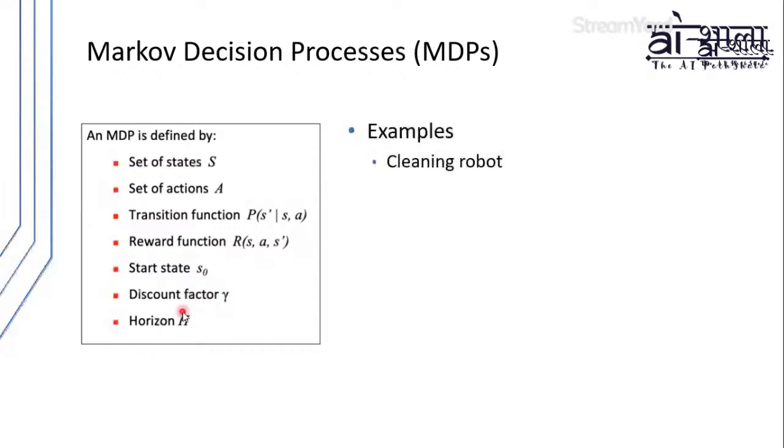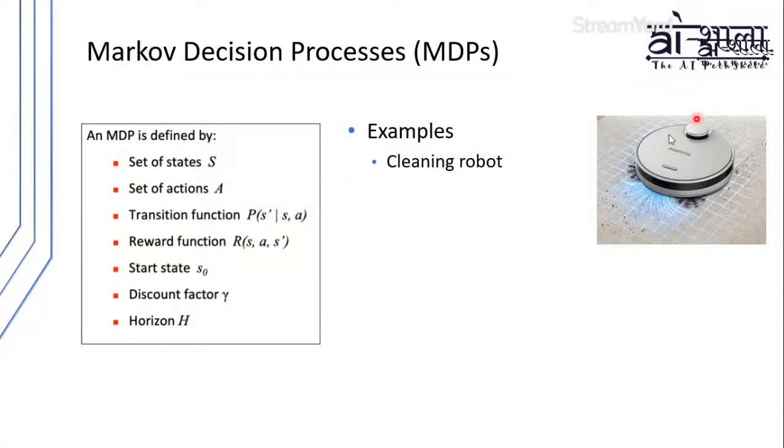Let me explain with an example. This is a cleaning robot. You must have heard about Roomba, right? Even Xiaomi has launched a robotic vacuum cleaner where you just train it on your whole home structure and start it. It will automatically go to the different corners and clean your home.